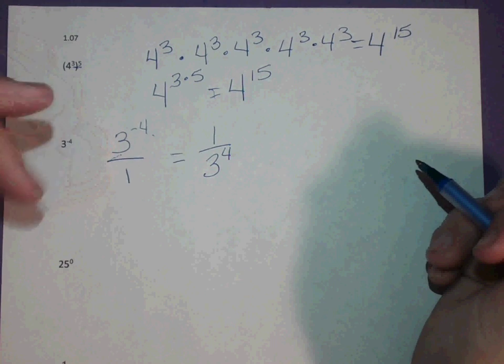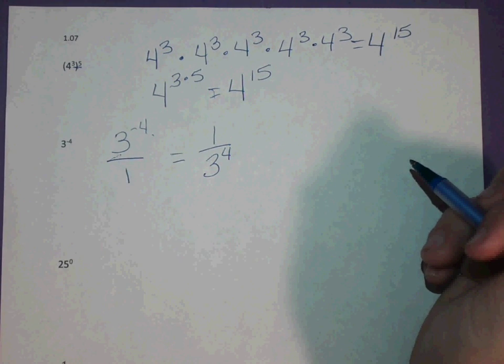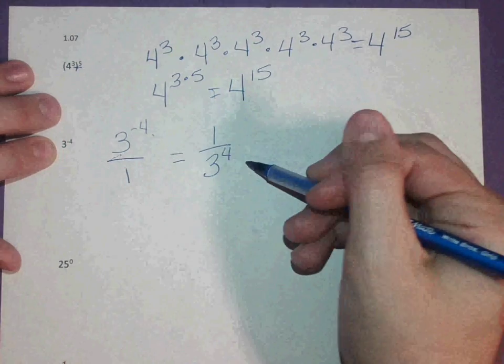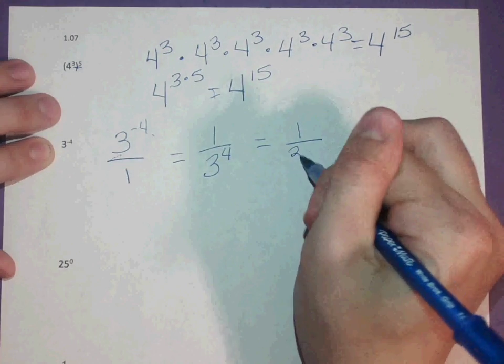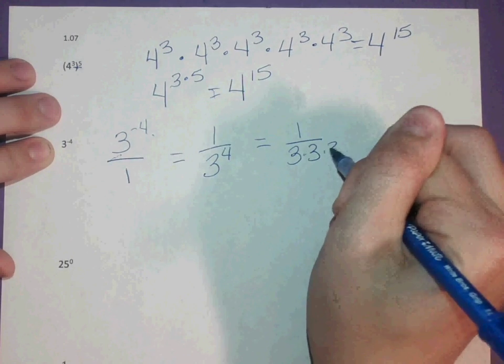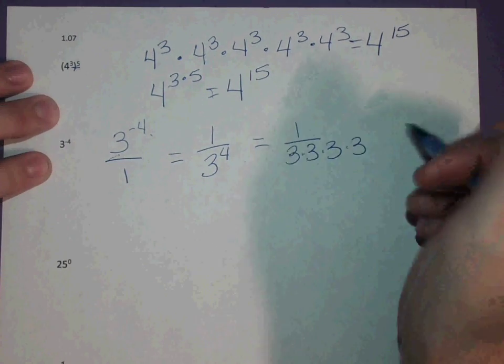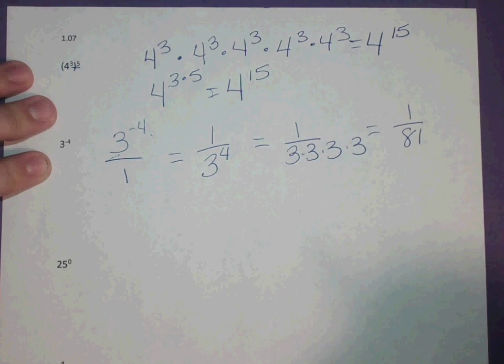Okay, so all we have to do is flip it or move it to the other side of the fraction bar, and we can get this. Now you can continue to simplify it. 3 to the 4th is the same as 3 times 3 times 3 times 3, or 1 over 81.